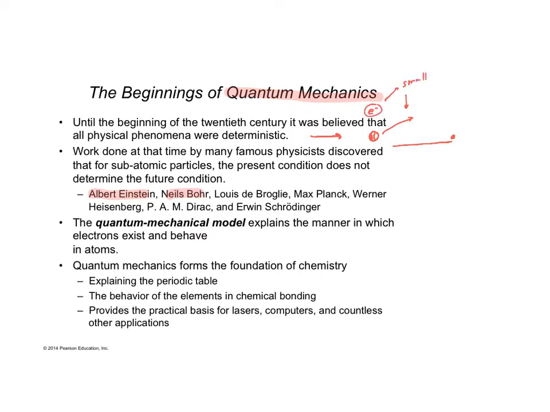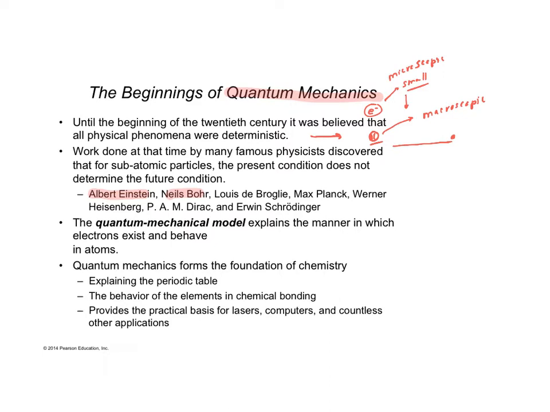When we go down to the very tiny world of the electron, matter behaves a lot differently than it does in what we call the macroscopic world around us. The macroscopic is our big world, our baseball, our basketball. The microscopic world of the electron behaves very differently than the macroscopic world that we live in.